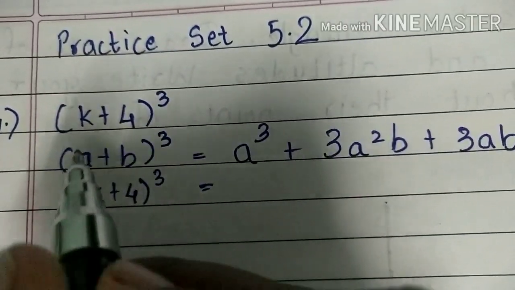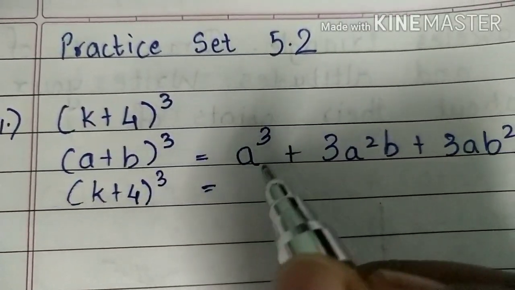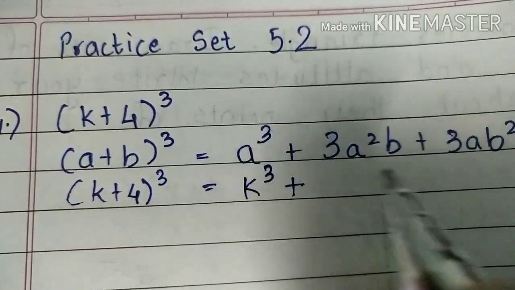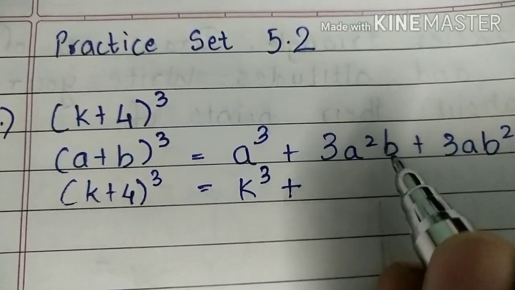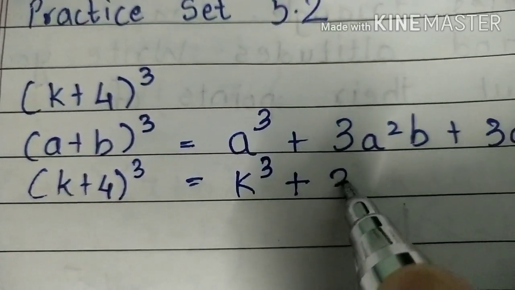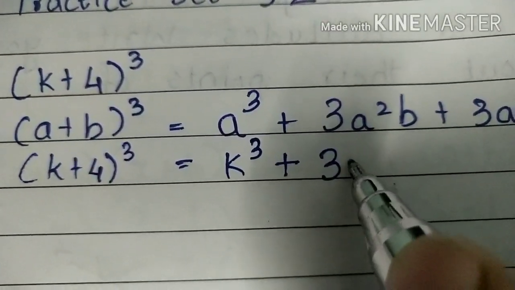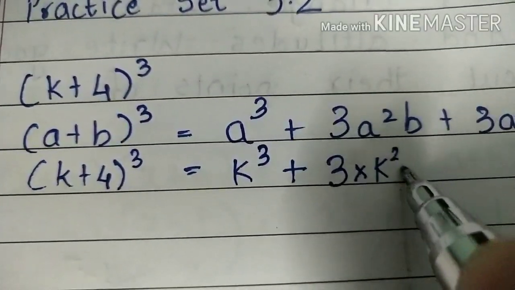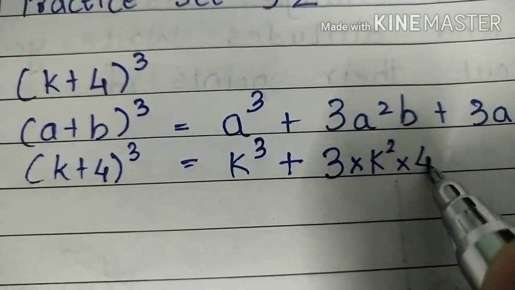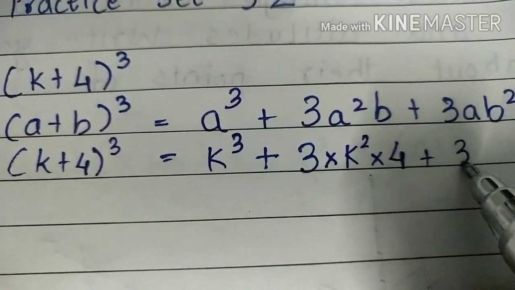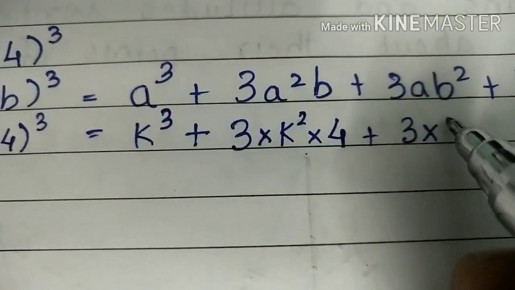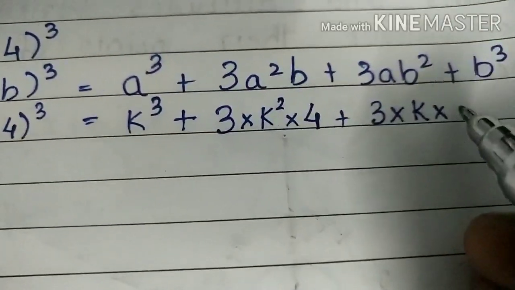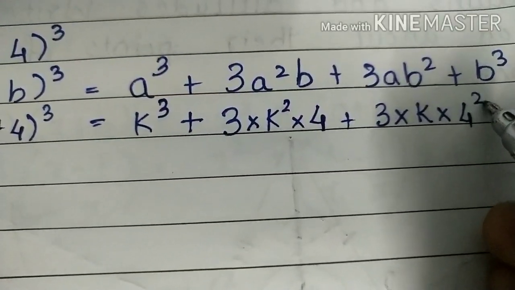In place of a is k, so you will write k cube plus 3a square b. So 3 into a square means k square, into b is 4, plus 3 into a is again k, into b square, so 4 square.